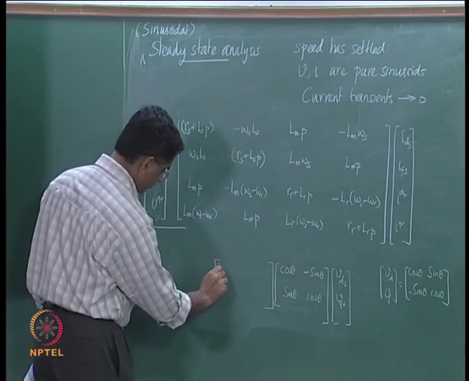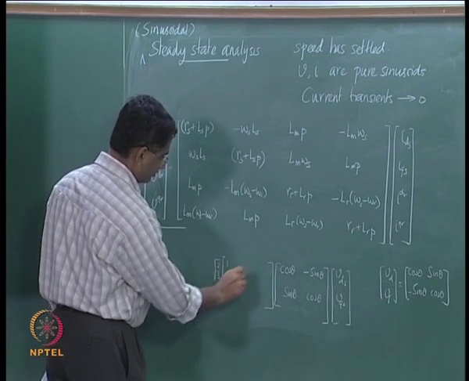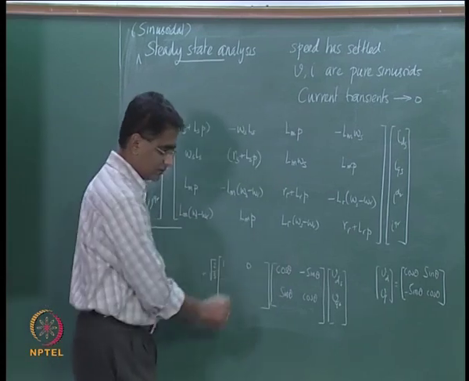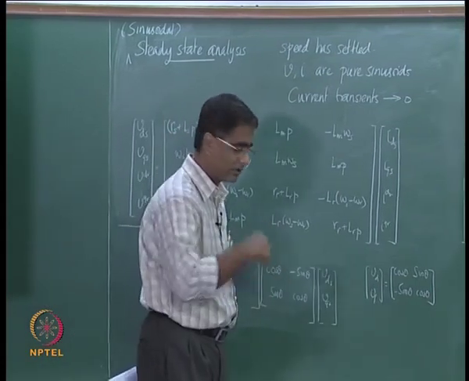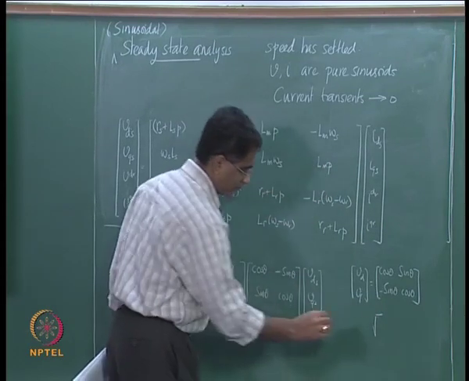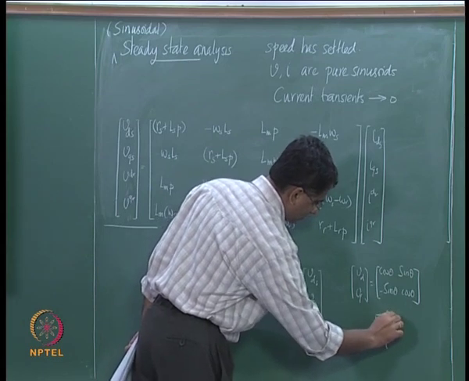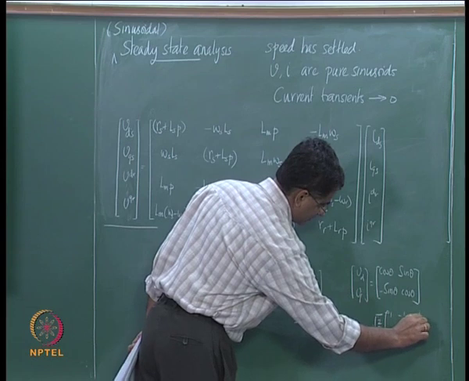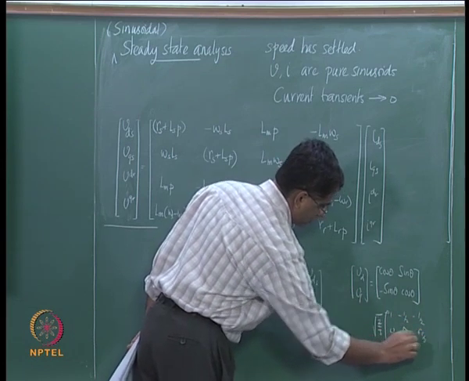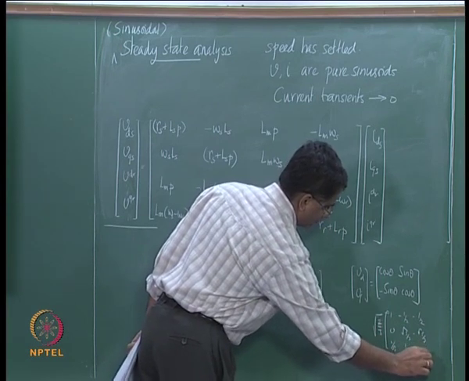So that is root of 2 by 3 into 1 and 0. Remember this, when you go from ABC to alpha beta, what we had used was root of 2 by 3 into 1 minus half, 0 root 3 by 2 and minus root 3 by 2, 1 over root 2, 1 over root 2 and 1 over root 2.